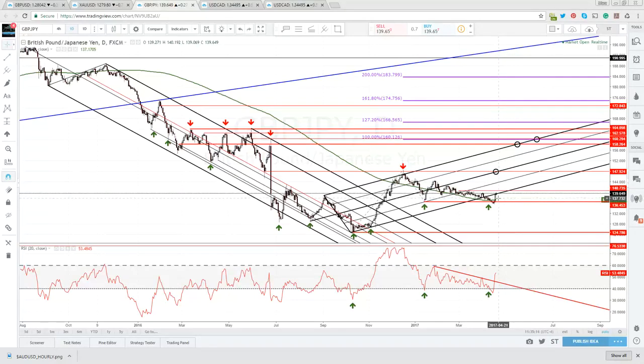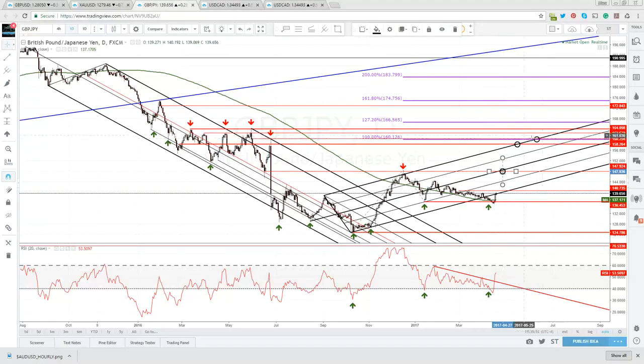I'm just speaking like I'm talking to myself. Nothing scientific here. There's still enough room on the RSI, definitely, to go higher, which would be nice to get a close above 140.73, and then have a little pullback towards the lower parallel again to establish the fork, and then higher again.